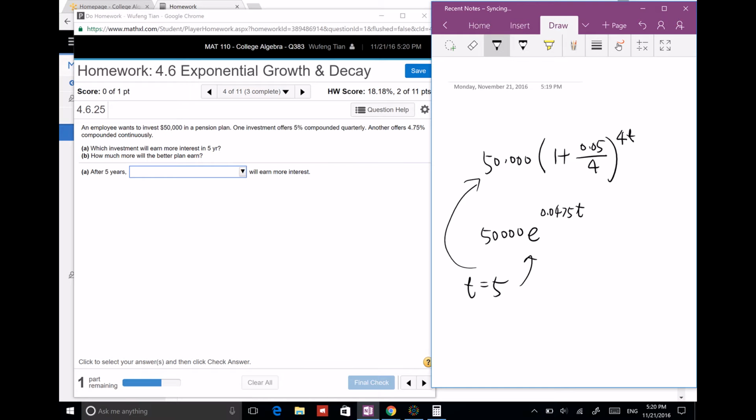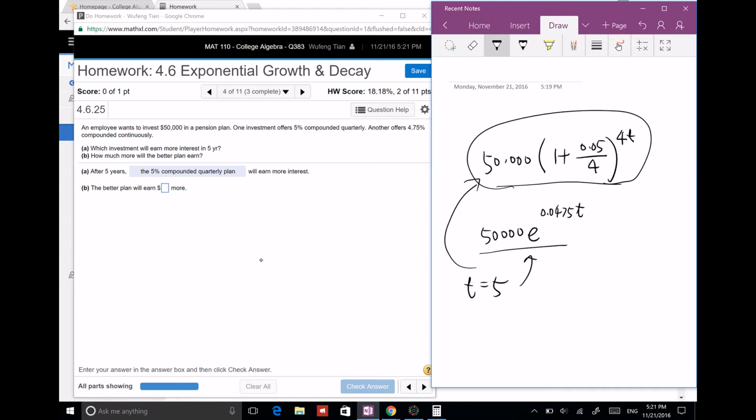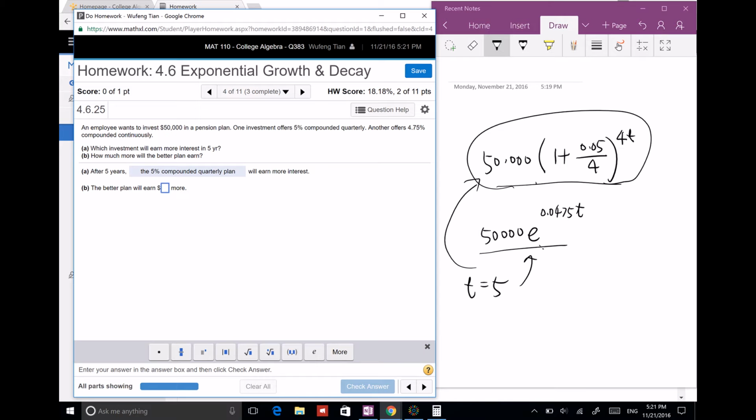In my opinion, in 5 years, this one probably is bigger. But this one is continuously increasing, and this one jumps. Well, all of these you have to use a calculator for.